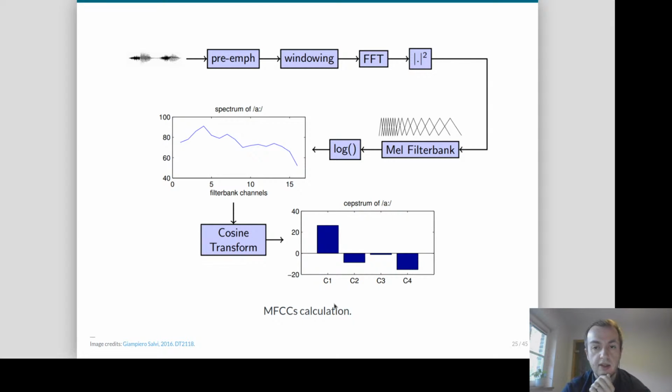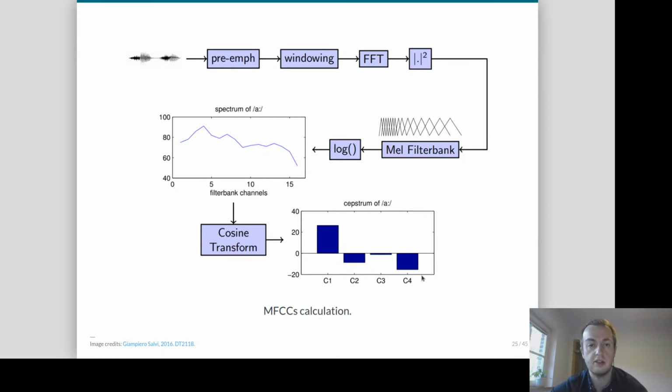I suppose you will see that if you follow classes in signal processing, but it involves taking the original waveform as input, then doing various transformations like windowing, taking the FFT, then the modulus of that, filtering, taking the log, transforming, and at the end you would have transformed this long sequence into a typically short array of just a few values. A vector, for example, in this case of 4 coefficients.